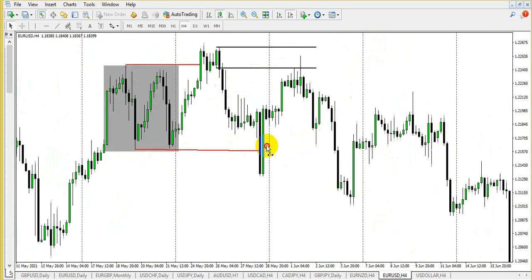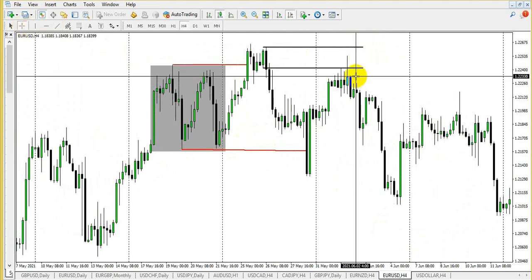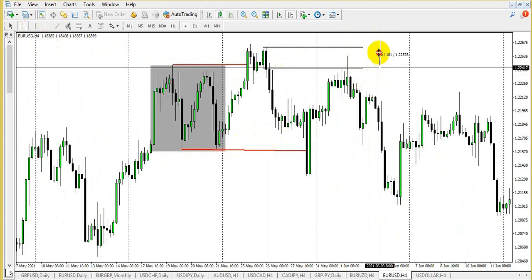Now imagine taking a trade from this particular zone, and let us measure something. Your stop loss will be very few. I think this is 23 pips stop loss. Later we're going to talk about refinements, how you can minimize your stop loss so that you will not be exposed to much risk.